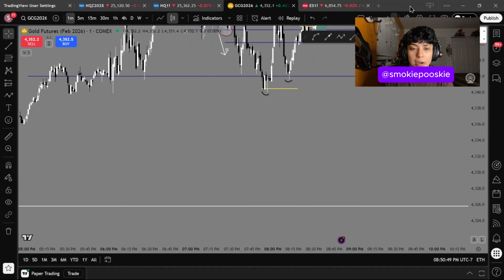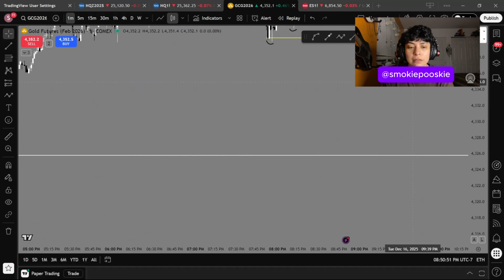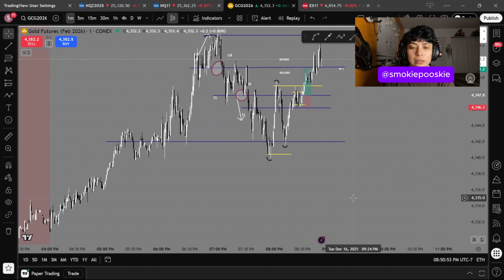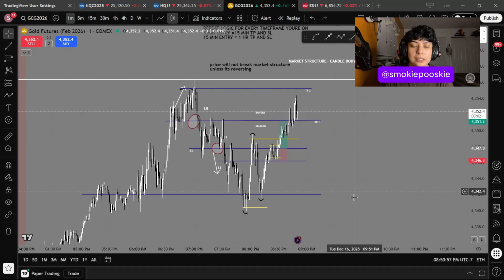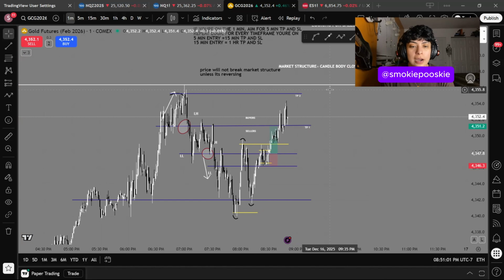Watch, we haven't even hit any of these 4 hour levels. You see how long it would have taken for any of these levels to hit? Because remember the white line is the 4 hour level. The higher the time frame, the longer it's going to take for our trades to execute.